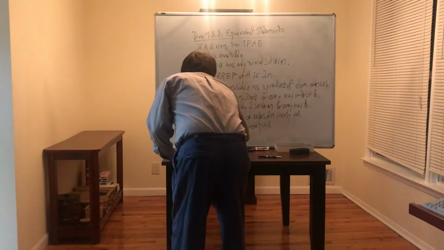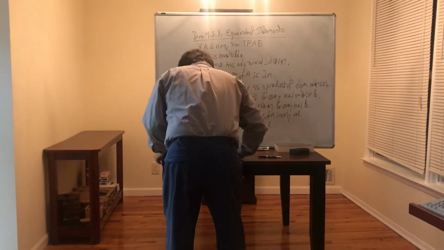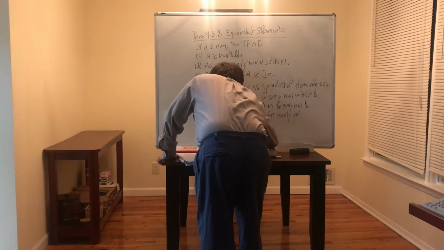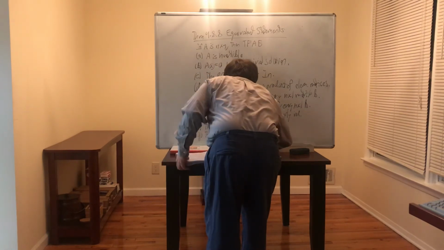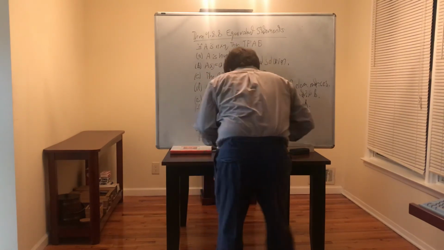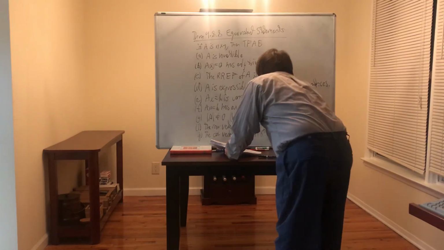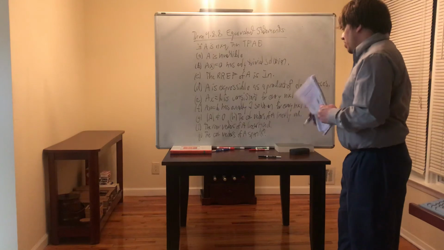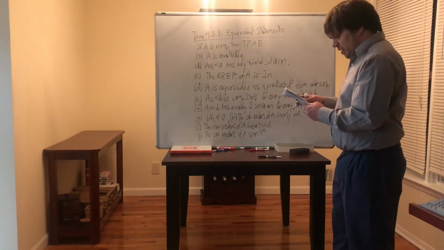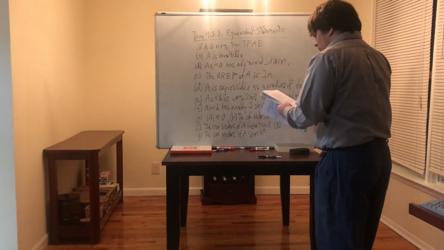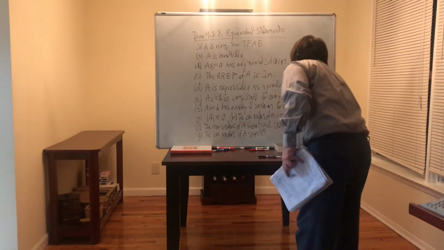J is the column vectors of A span Rn. So the column vectors of A span Rn. That's statement J. Statement K is the row vectors of A span Rn.